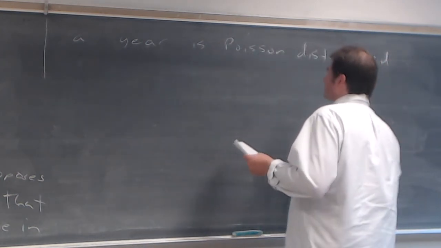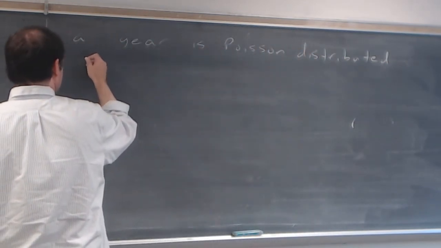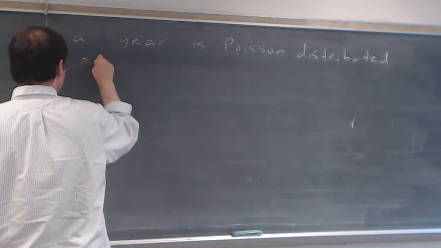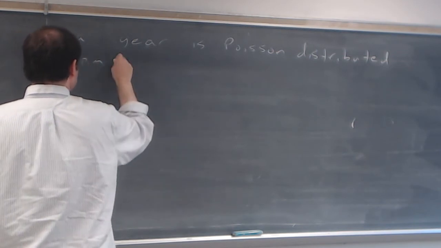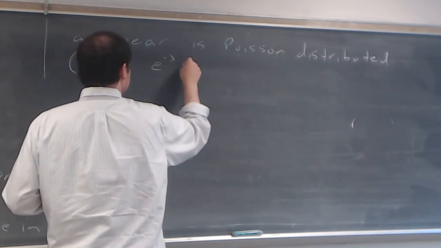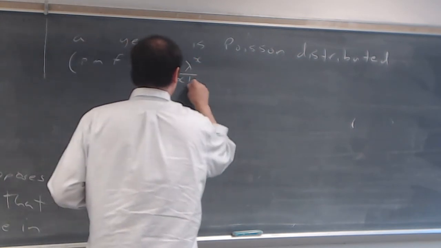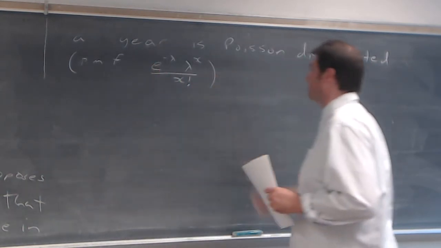Okay, I don't know if you remember Poisson or not, but that means that its PMF, so I'll write this in parentheses, has the form e to the minus lambda, lambda to the x, all over x factorial. And that's the form.